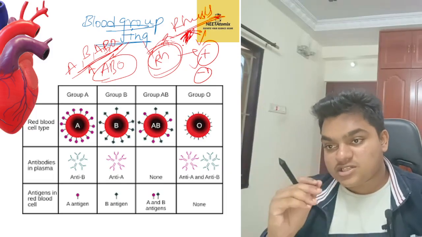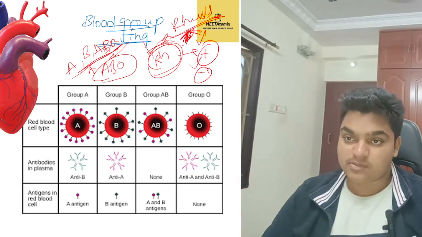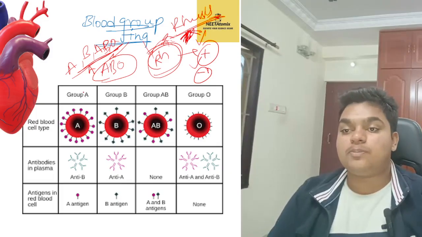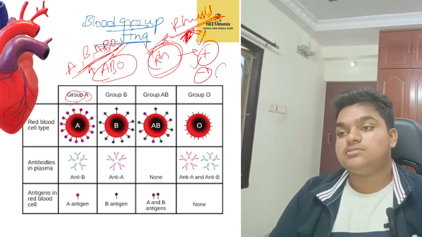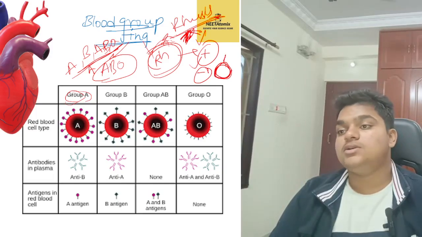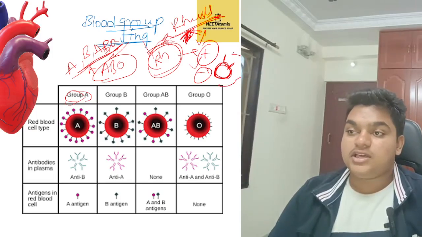Now, in the ABO system of blood grouping, antigen and antibody interactions take place. If your blood group is A, on the membrane of the RBC we have antigens, and in the plasma we have antibodies.